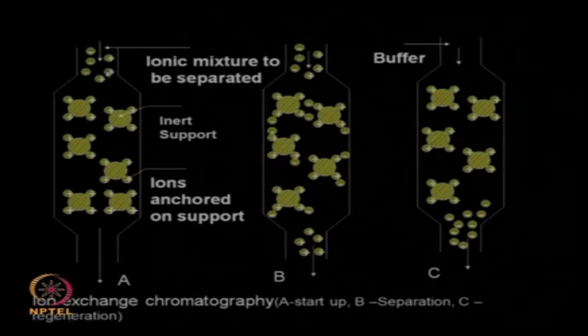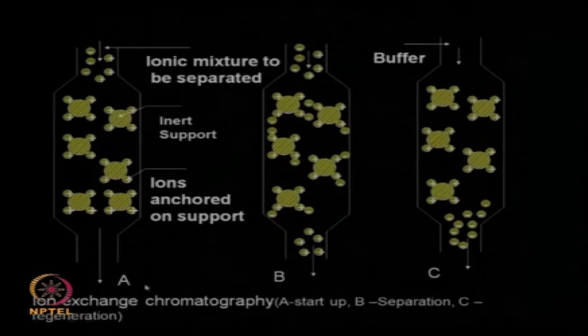So if I have a positively charged protein and negatively charged protein, with this type of ion exchange I can remove all the positively charged protein and retain only the negatively charged protein, which can be later separated by changing the pH or the buffer. Okay. So now your ion exchange chromatography is again ready for another batch of positive and negatively charged proteins.